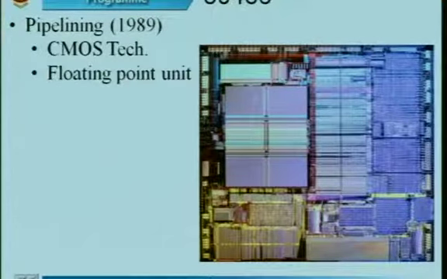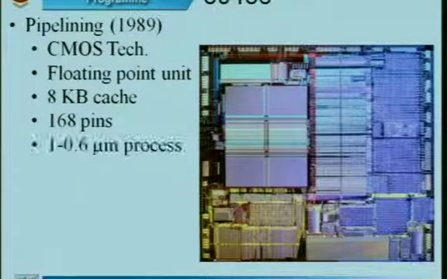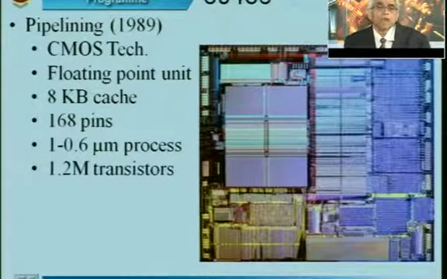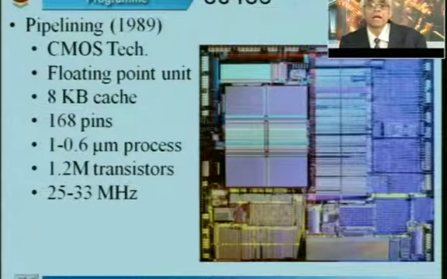The next processor brought out by Intel is 80486, which has pipelining, brought in the year 1989, CMOS technology, having a floating point unit, 8 kilobytes of cache, 168 pin, 1 to 0.6 micrometer process and 1.2 million transistors. It works at a speed of 25 to 33 megahertz.